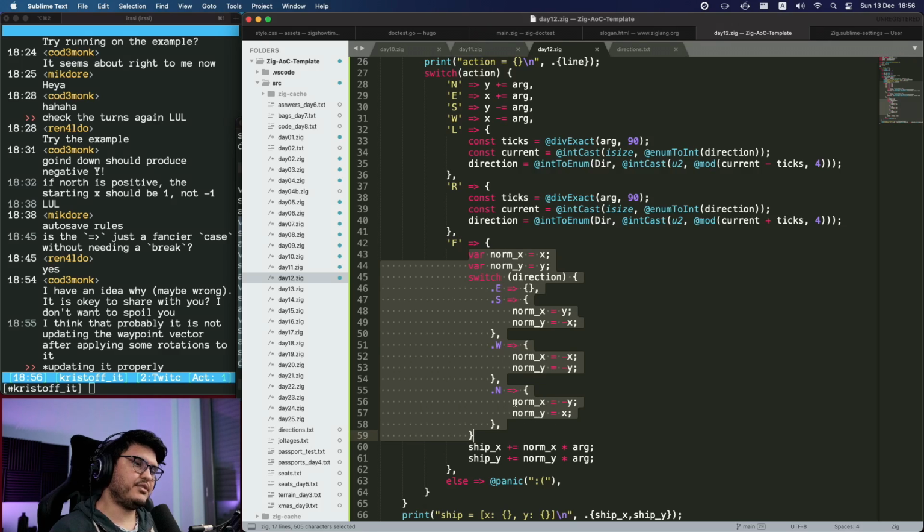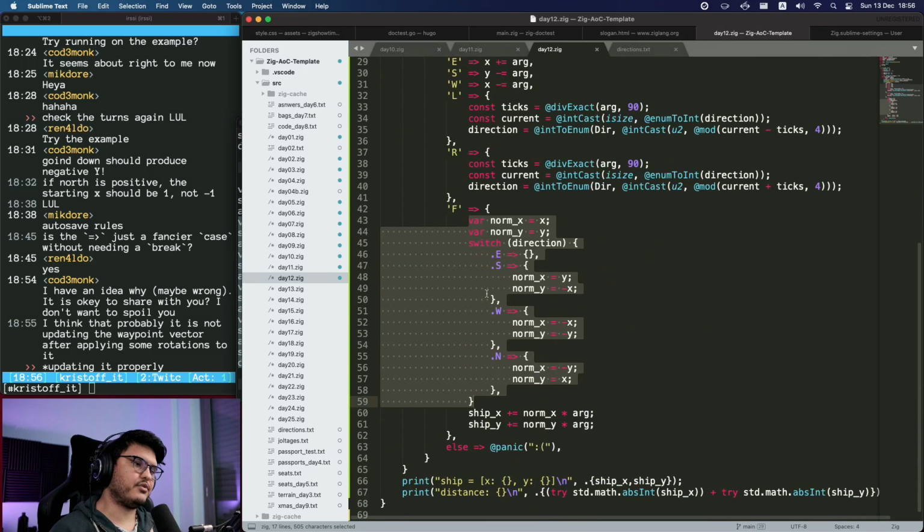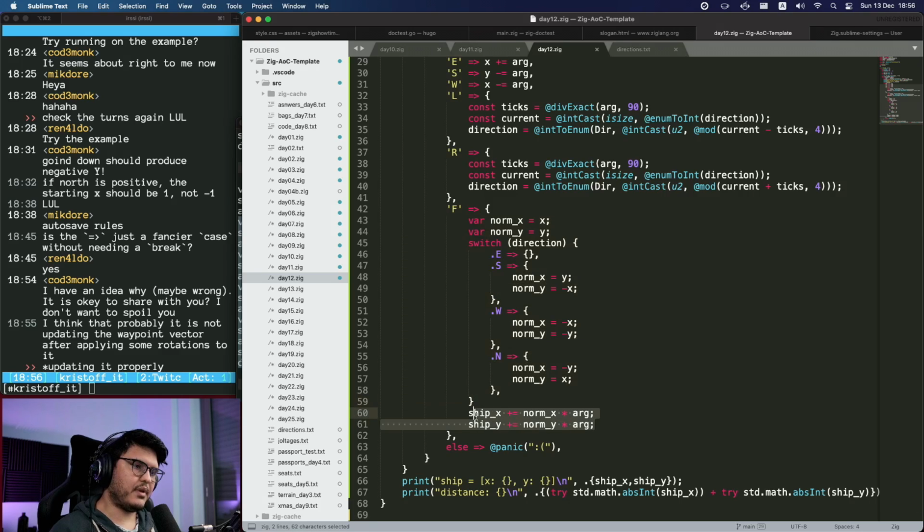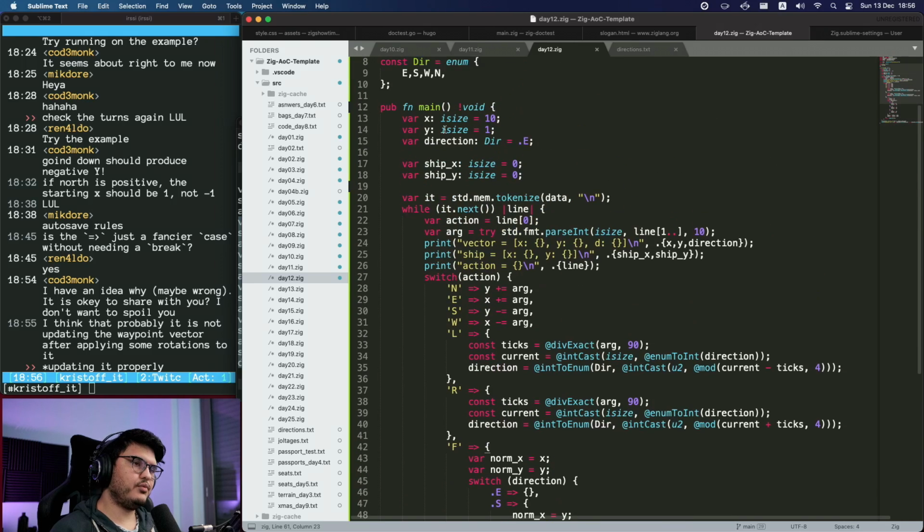When I normalize, this normalization is not meant to alter the state of the vector. It's just meant to interpret the state of the vector correctly from a numeric perspective, so that we do the math correctly. But then after we do the math correctly and update the ship X and Y position, we don't want to apply these changes to the vector.